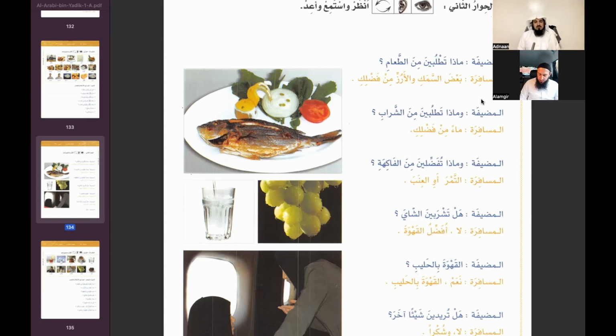التمر أو العنب. Dates or grapes. هل تشربين الشاي؟ Shaya is tea. Do you drink tea? لا, no. أفضل القهوة.